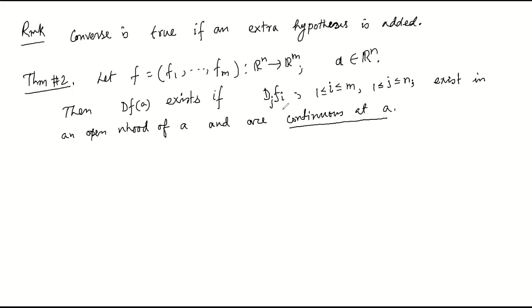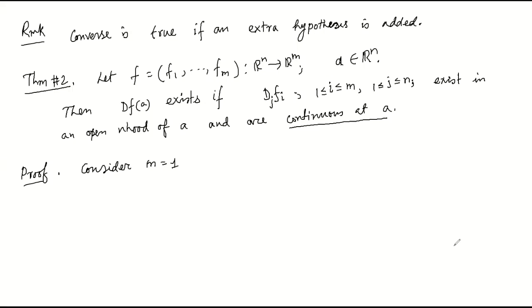So if the partial derivatives of the component functions are continuous at A, then f is differentiable at the point A. So again, in the proof of theorem 2, we consider the basic case, that is m equal to 1.